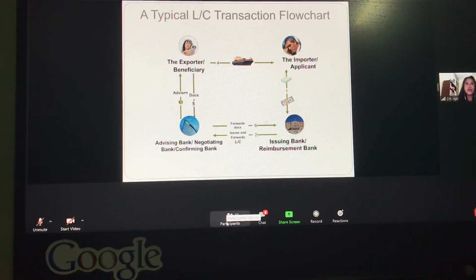What's the meaning of negotiates? In this case, hopefully you still remember. Now, I said, after receiving the documents at step number 5, the nominated bank checks the documents. After checking, the nominated bank agrees to negotiate the documents.